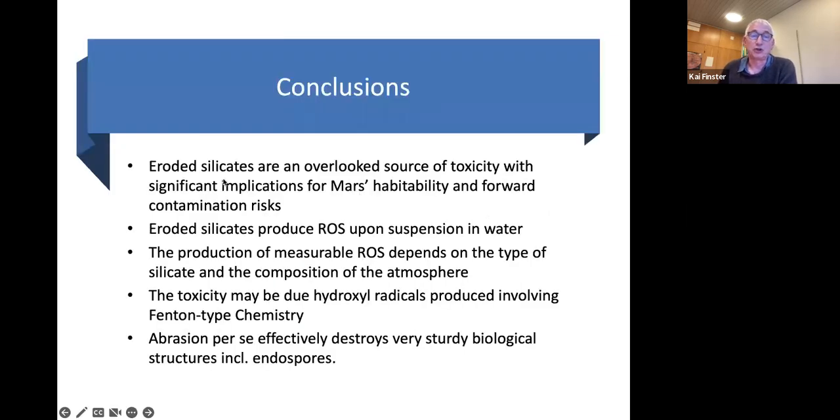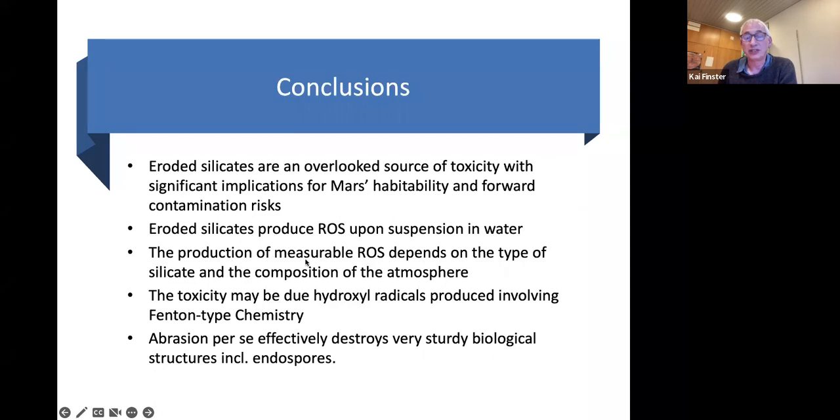So here are our conclusions: eroded silicates, and we think that it's an overlooked source of toxicity, which has implications for Mars habitability, but also for contamination. Silicates produce reactive oxygen species. We actually measured that. We could measure both hydrogen peroxide and hydroxyl radicals when they get suspended in water.